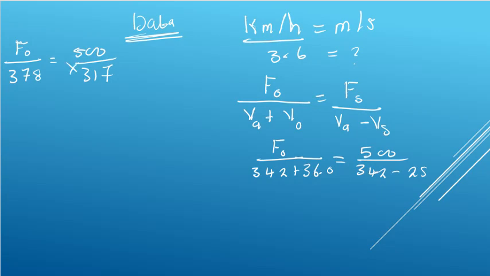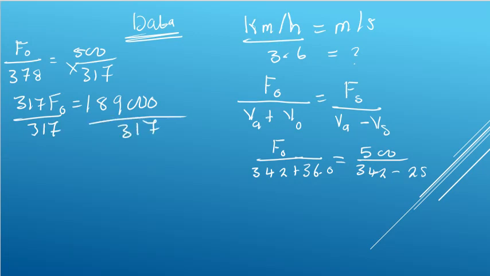We cross multiply, we're going to have 317 FO equal to 500 multiplied by 378, all over 317.